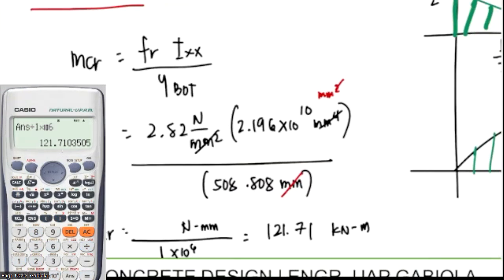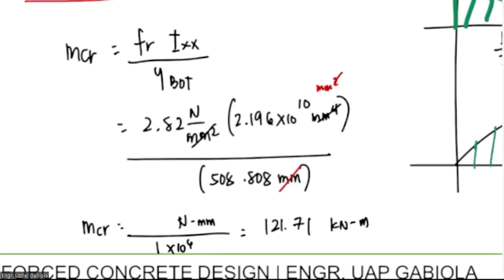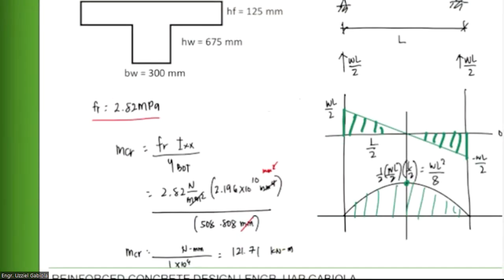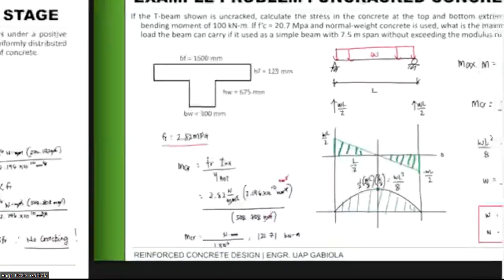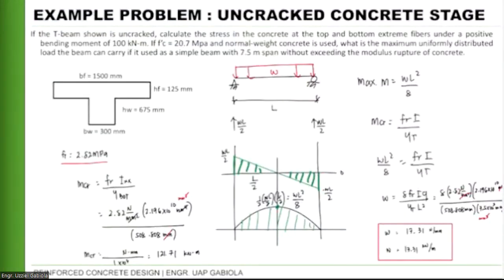That is the meaning of that value, wherein it can carry up to 121.71 kilonewton meter without even using our reinforcement. And based on our loading, we only have 100 kilonewton meters. So indeed, our concrete itself can support the given loading even without reaching the cracking stage.